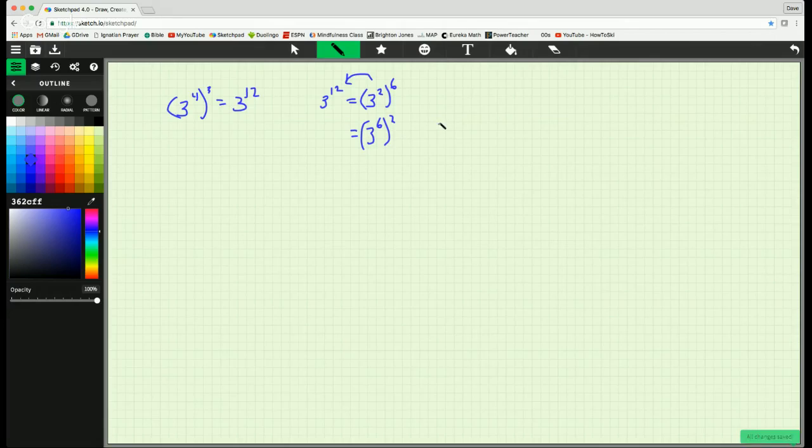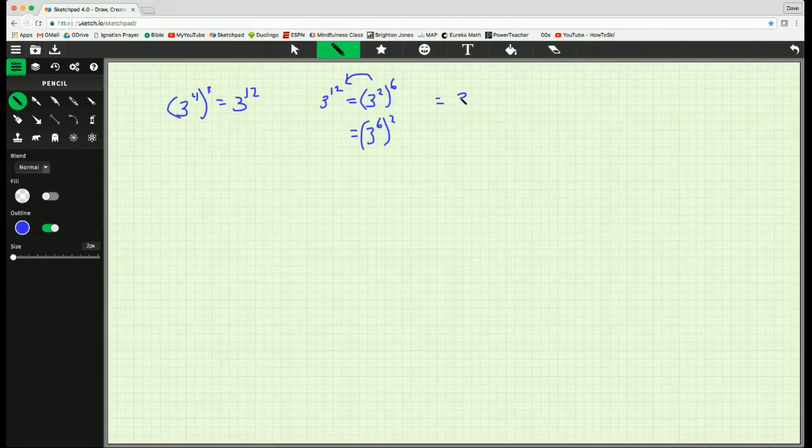Now I want you to tell me, if I said it's 3 to the 3rd to the power of a box, what would I have to put inside the box? What goes inside the box if I want this expression to be equal to 3 to the 12th?